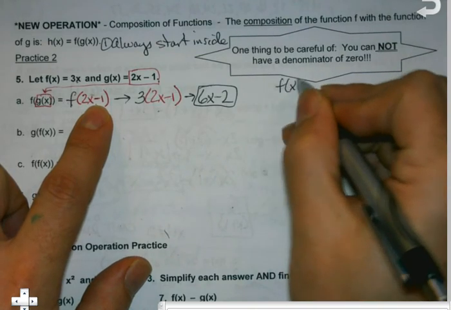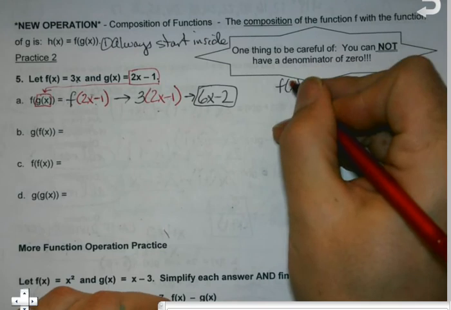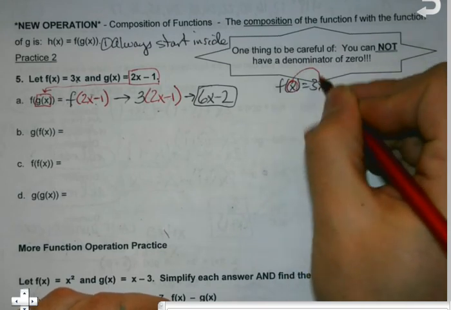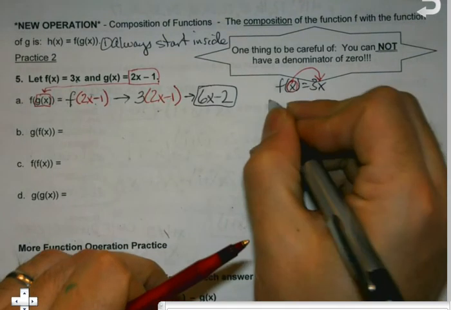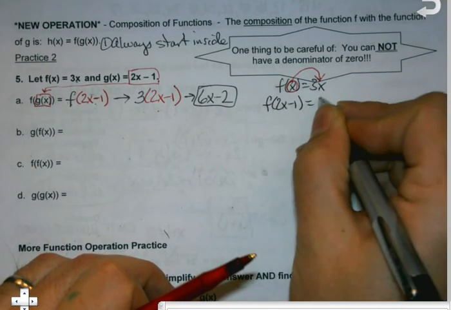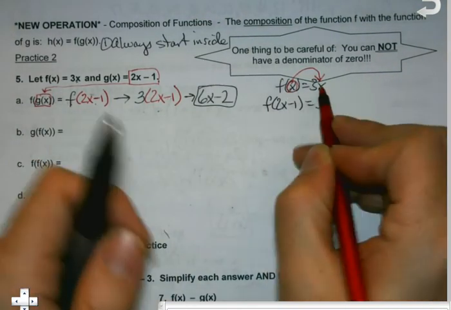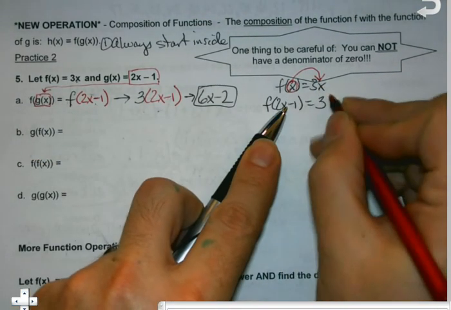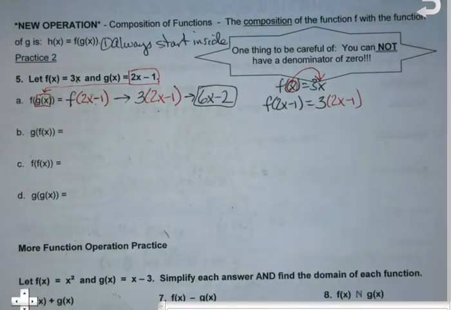When I have f of x equals 3x, basically what I'm telling you is, whatever's in the parentheses is what goes in where x is at. So when I have f of 2x minus 1, when I go to fill this out, to be consistent, if what's in the parentheses is what goes here, well, this is what's in the parentheses. That's what has to go into that spot. It's straight up substitution is all you're doing. And then just simplifying it, of course.